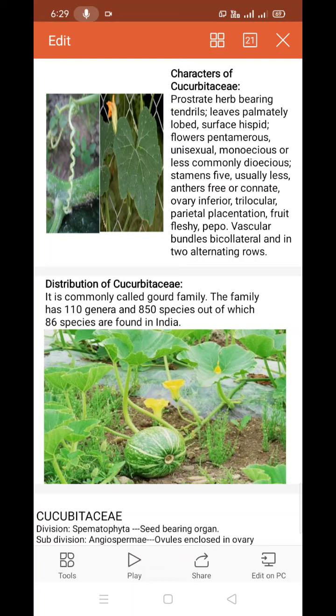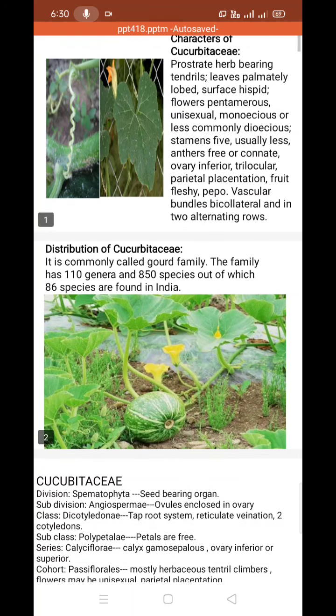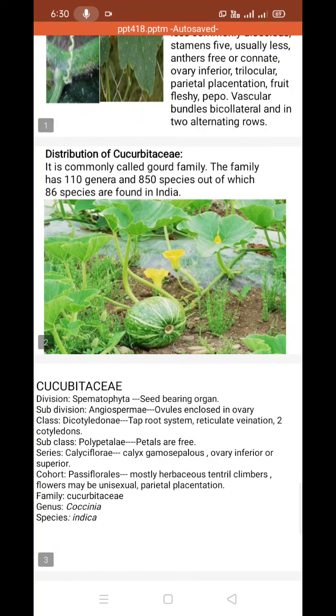It is a prostrate plant bearing tendrils, with palmately lobed leaves, surface hispid, pentamerous flowers, some unisexual. Then stamens 5 or 3, ovary inferior, parietal placentation, fruit fleshy, a pepo, and vascular bundles collateral. These are the identifying characters.